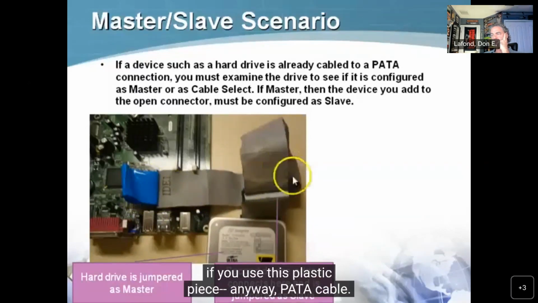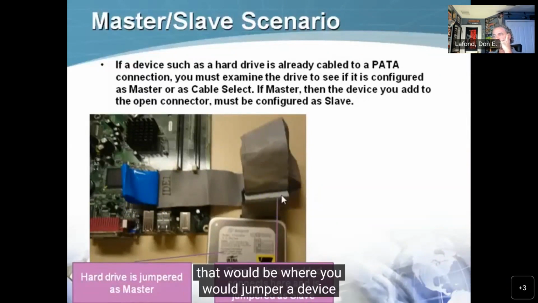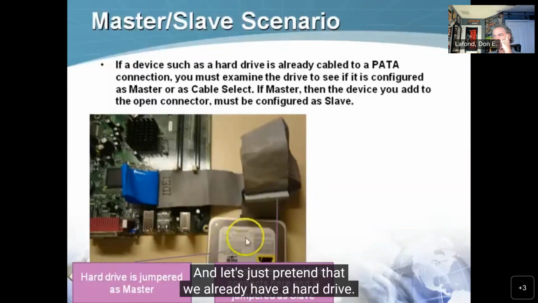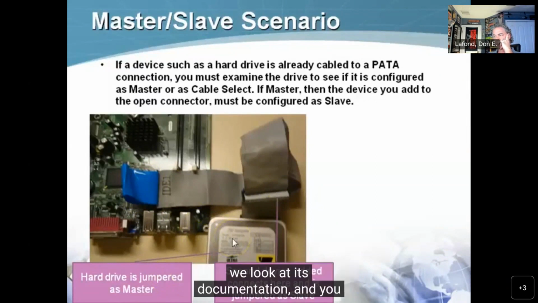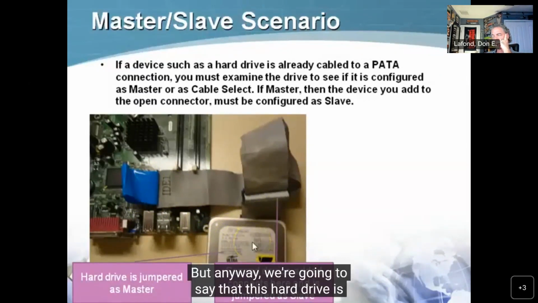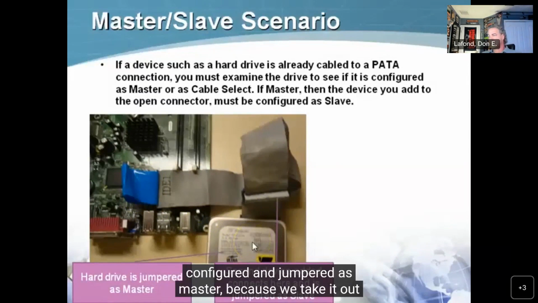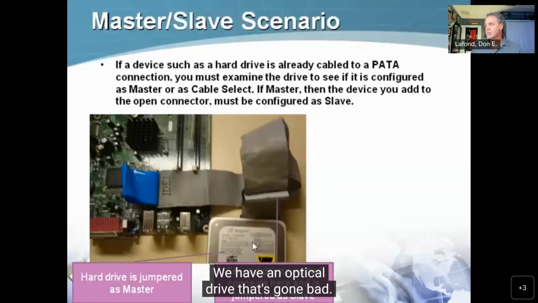Anyway, PATA cable. This gray connector in the middle is where you would connect a device jumpered as slave. Let's pretend we already have a hard drive, and we open up the computer, take that hard drive out, and look at its documentation. You can see this is the one with the breakout we just saw. We're going to say this hard drive is jumpered as master. We have an optical drive that's gone bad, we've got a new one, and we need to hook it up to this PATA cable.